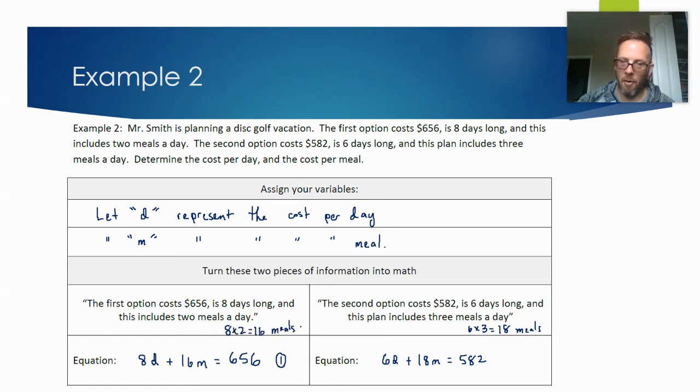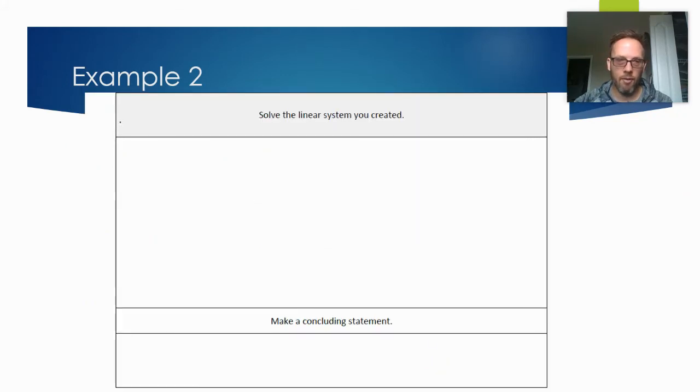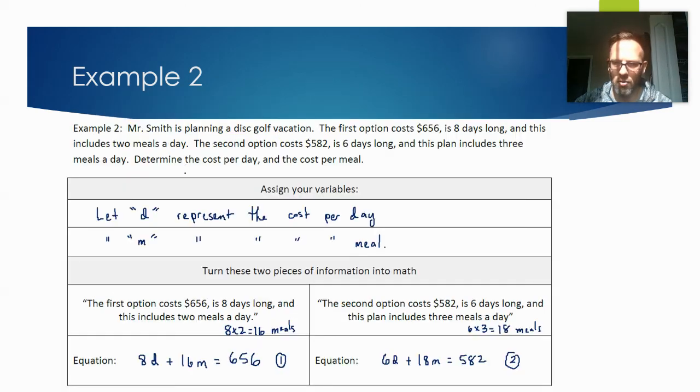So that was the hard part, guys, but now we have a linear system that's set up and ready to go. So let's copy it out, and then let's decide on a method that will work for us. So we had 8D plus 16M was 656. And 6D plus 18M was equal to 582.